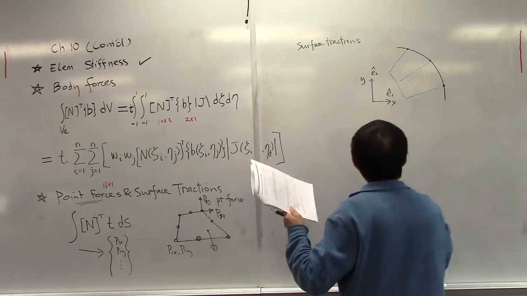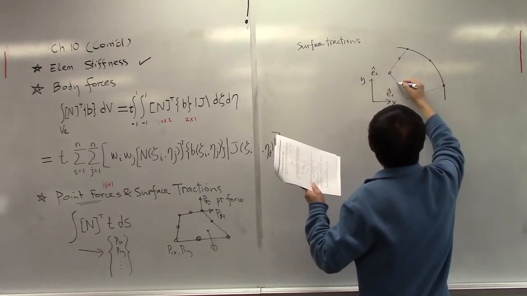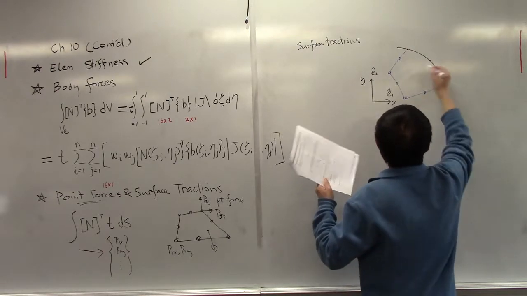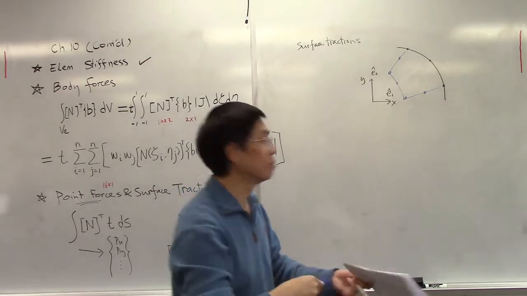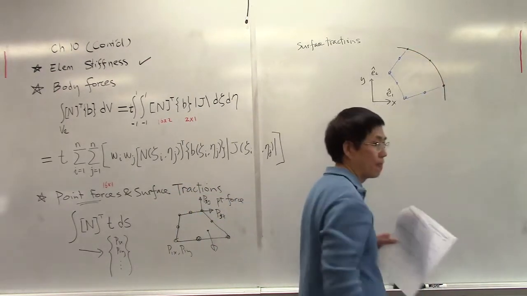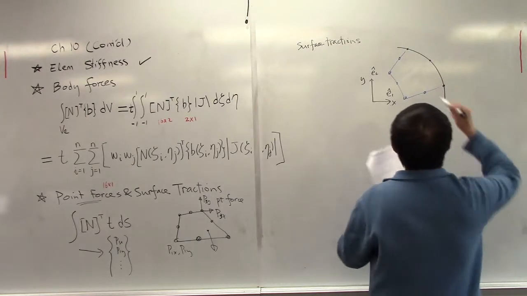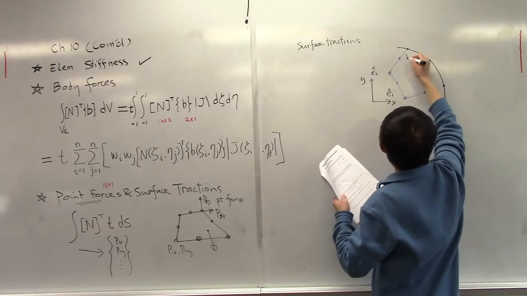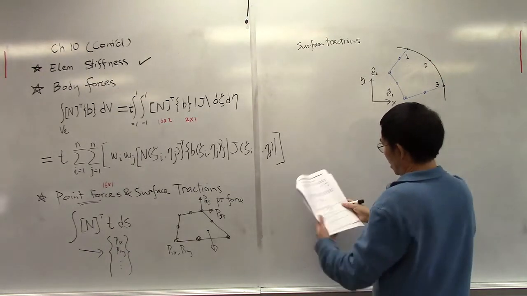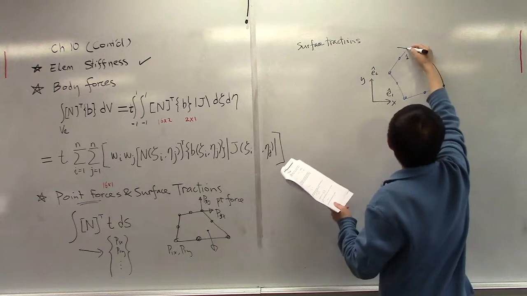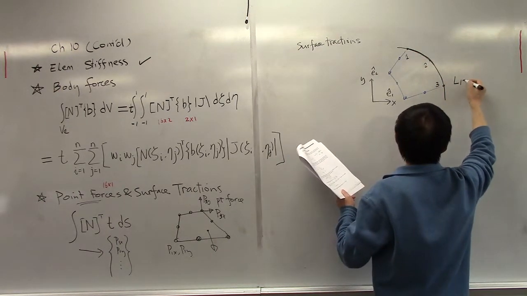But the QA element, it is possible to map curved boundaries because it's parabolic. Okay. Now, let's say we mark that at node 1, this is node 2 and node 3. All right, this boundary line, the curve, will be called L1, 2, 3.